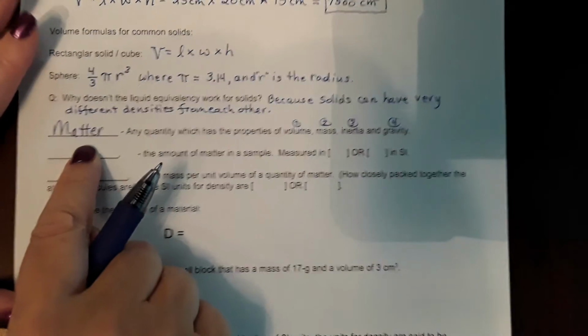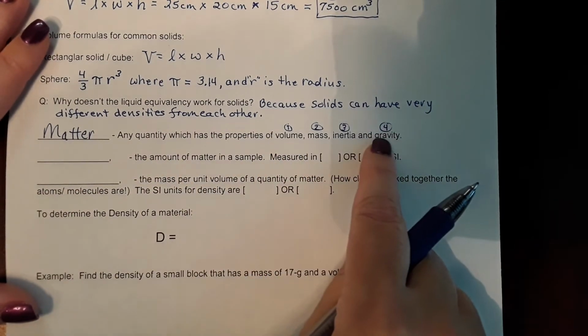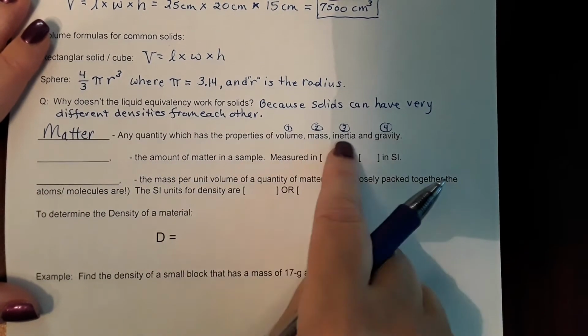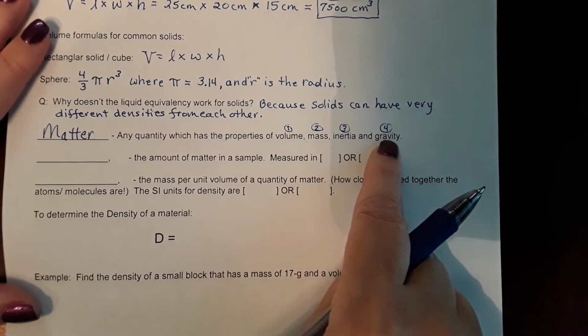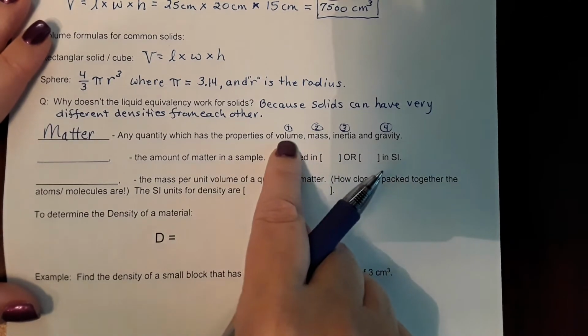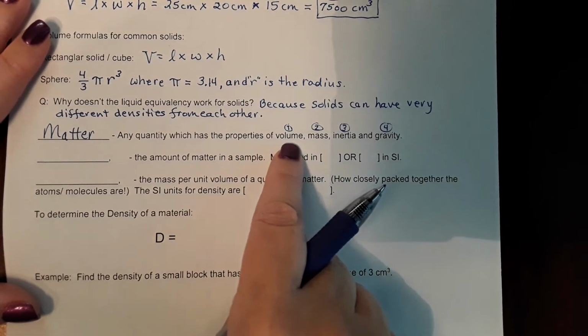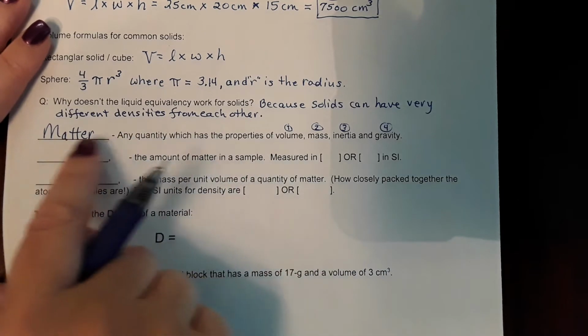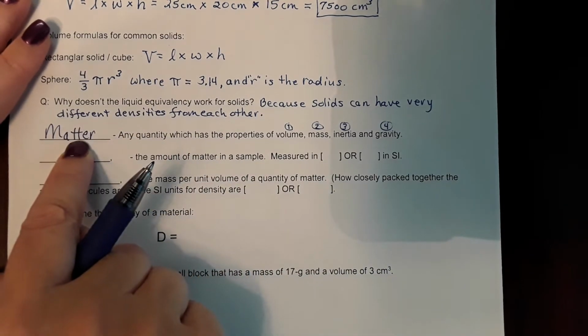So matter always has four properties. You're made up of matter. You have all four of these properties. Today, we're concerned with these two, volume and mass. Volume, as we said up at the top, is the amount of space that your chunk of matter takes up.